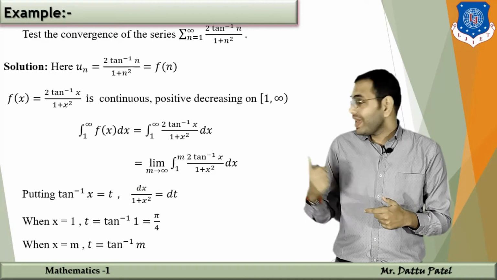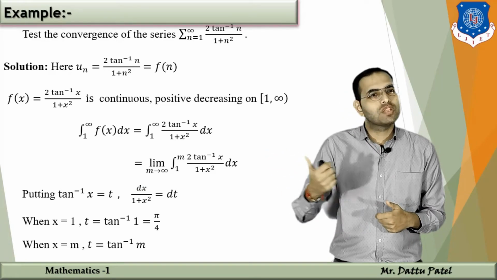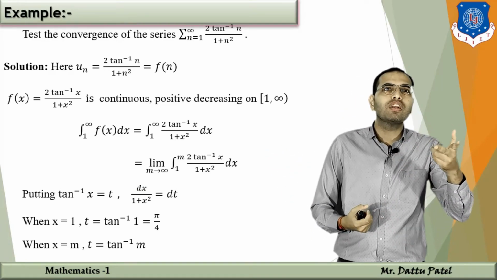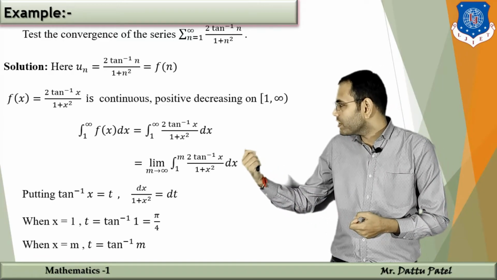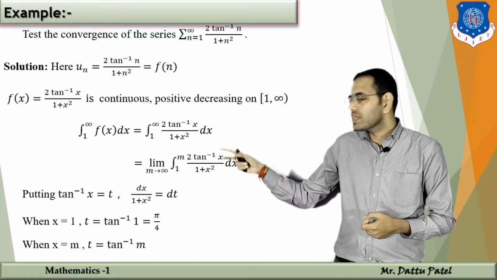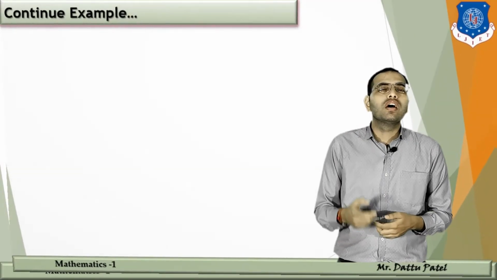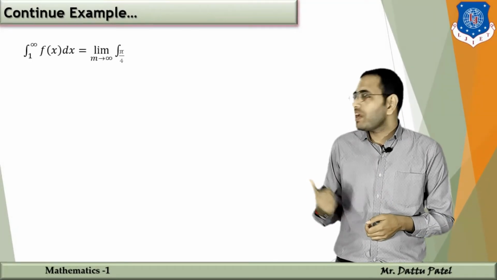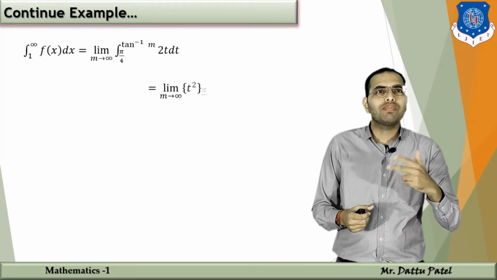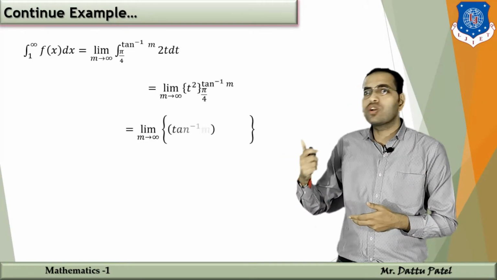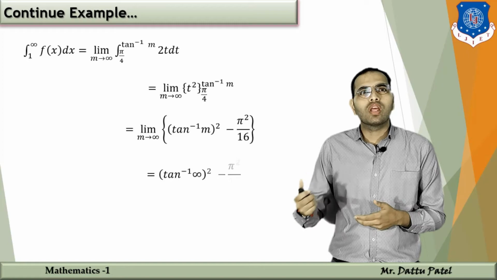When x equal to 1, t becomes pi by 4, and when x equal to m, t becomes tan inverse m. Now we put all these things in this equation, and our integral 1 to infinite f of x dx becomes limit m tends to infinite, pi by 4 to tan inverse m, 2t dt.